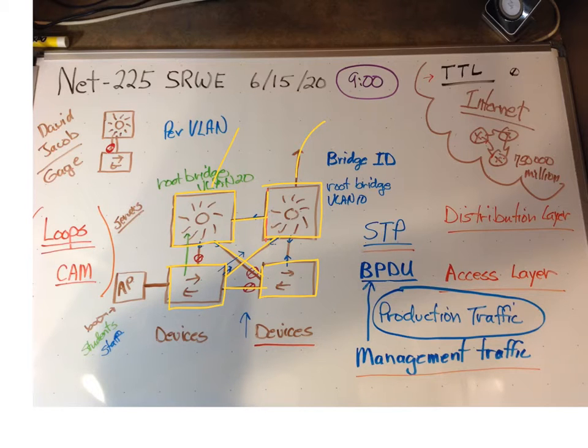And so then we talked about the blue VLAN. We can have per VLAN spanning tree instances. So the blue, if this is the root bridge here, then these are root ports pointing to the root bridge.